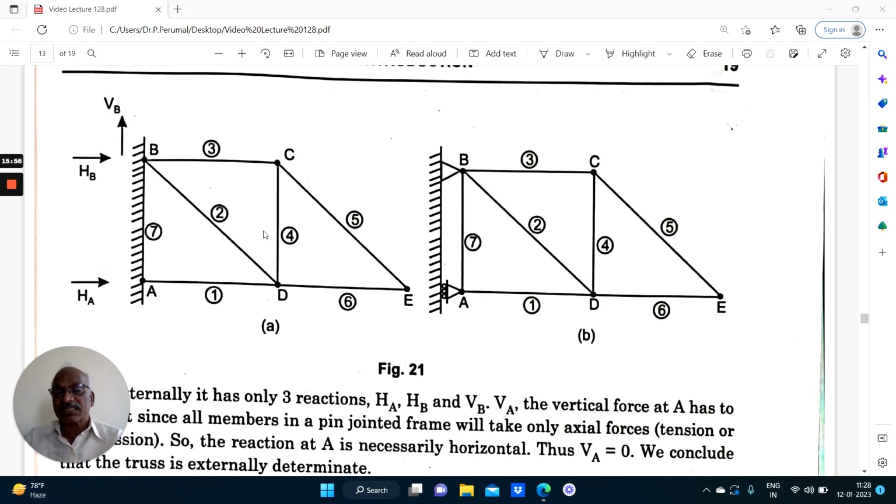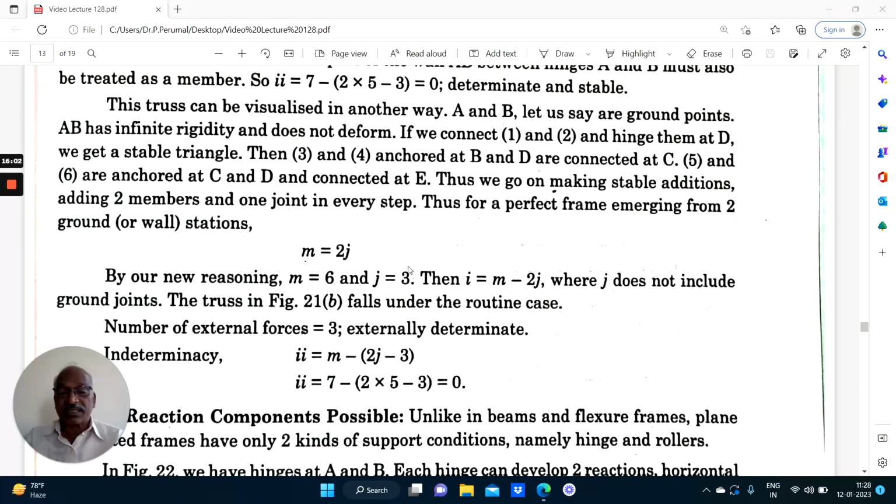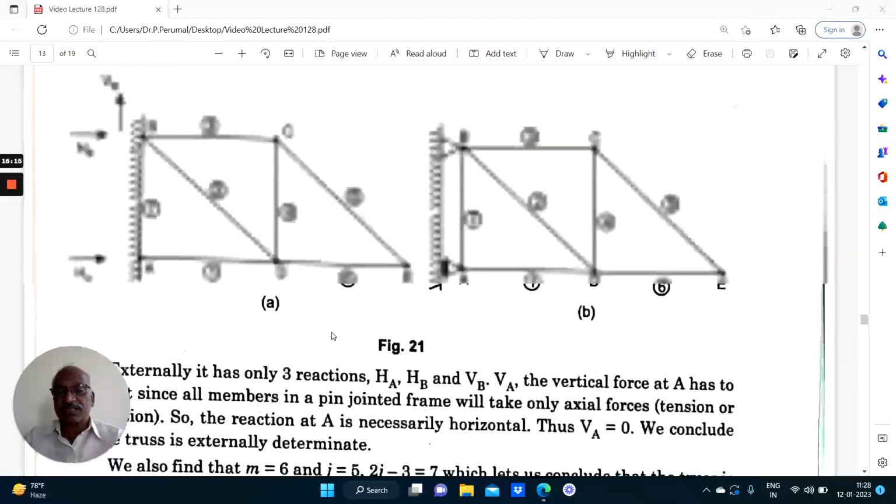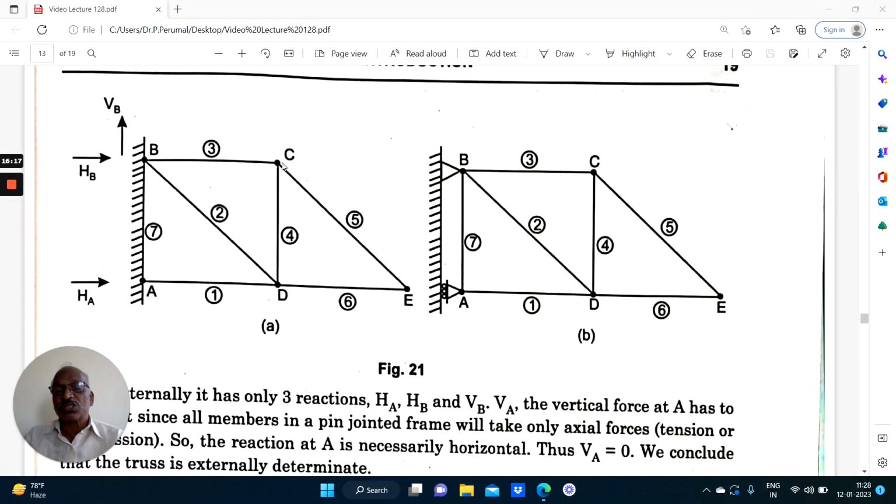Now, coming to this truss, I equal to m minus 2j only is the better formula. Here we have 1, 2, 3 joints.